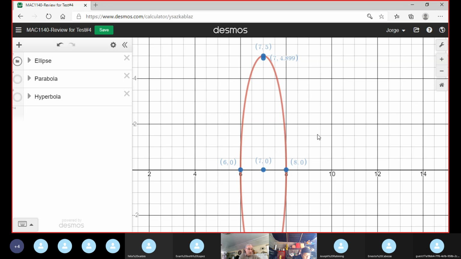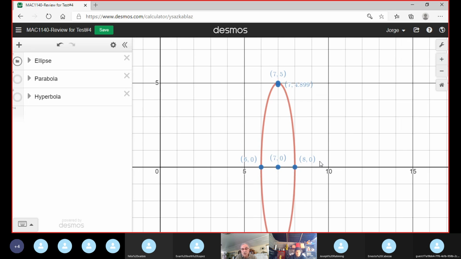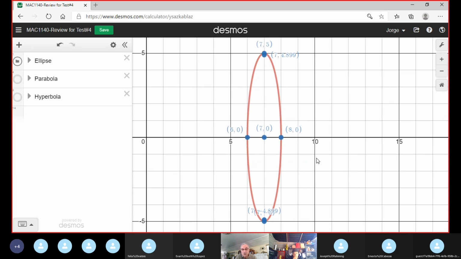Some years ago, students did not have these tools, and they needed to buy a graphing calculator. At that time it was very expensive: $100, $120, $150. Now this is a fantastic graphing calculator, free online. You can save your work in the cloud. It's unbelievable how technology has advanced in any science.